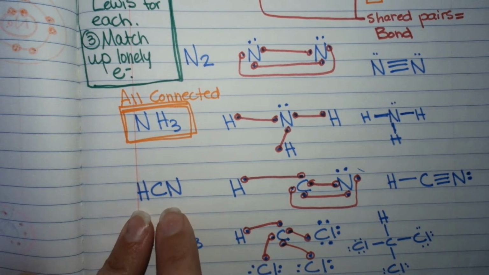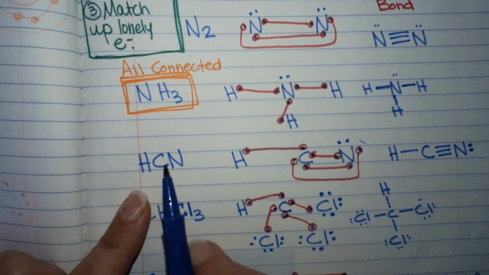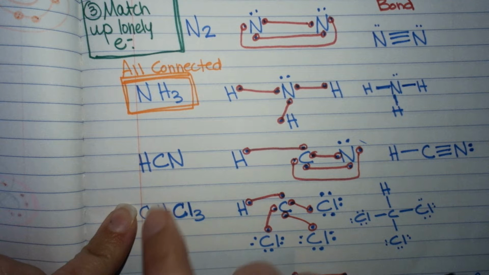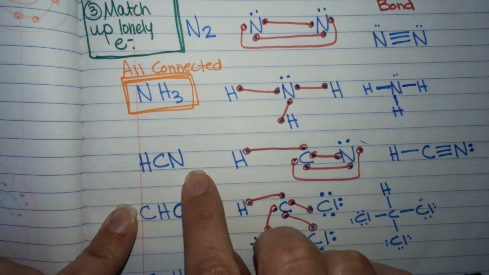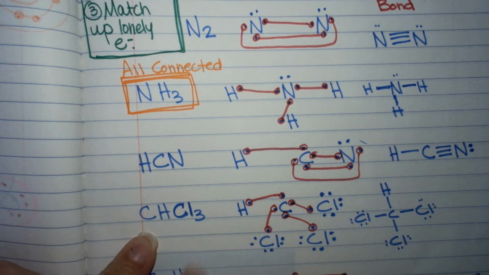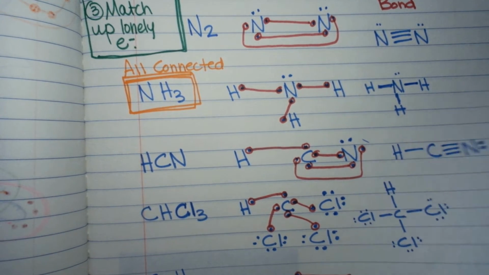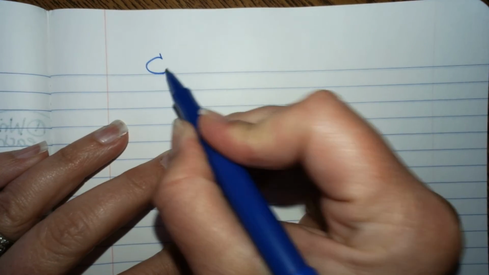So we are going to use some math and think about how many atoms of each element are in each of these formulas. So we're going to flip the page and take some notes on how to do that.